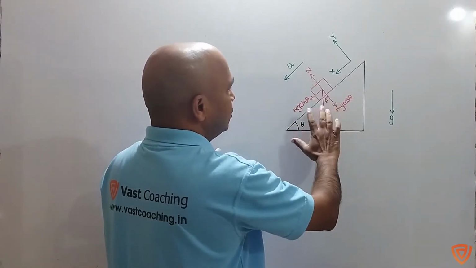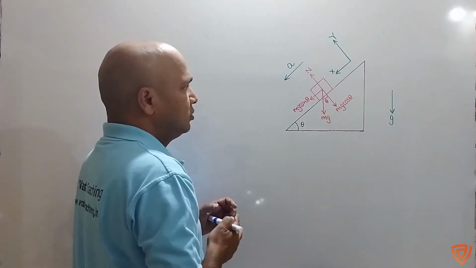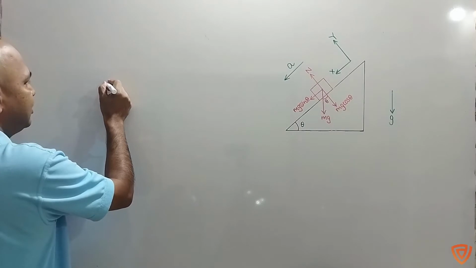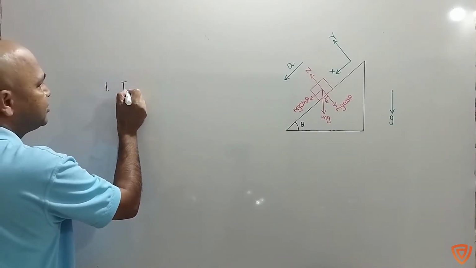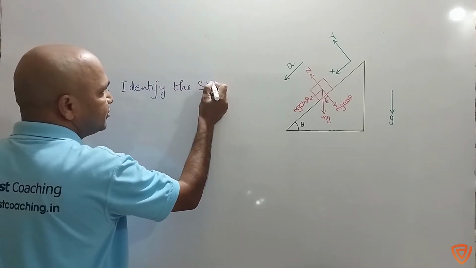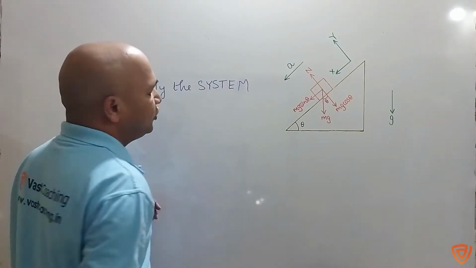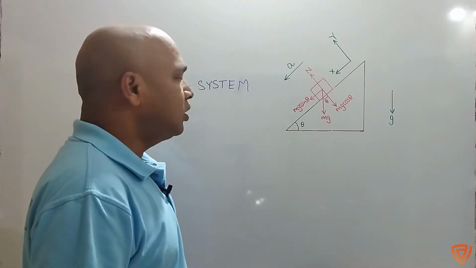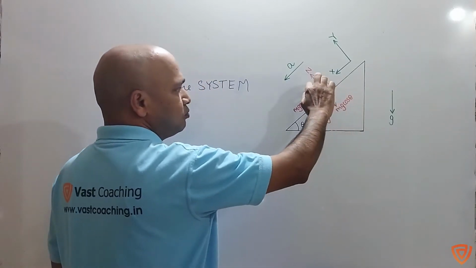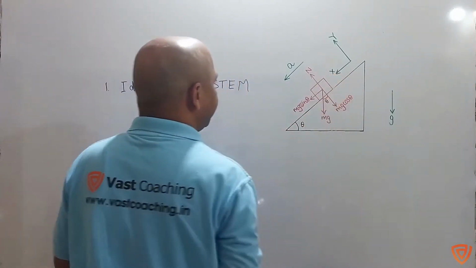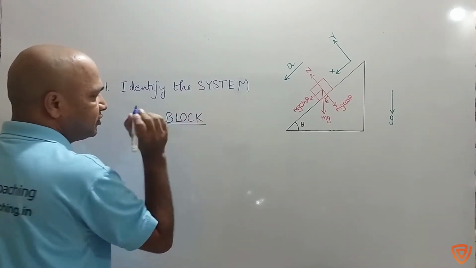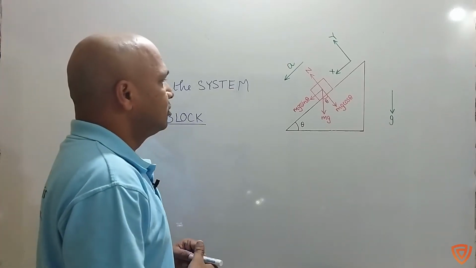First we have to identify the system. Which system are you going to use to draw the free body diagram? In this case the system is this block. This is the focus area, our system of concern.